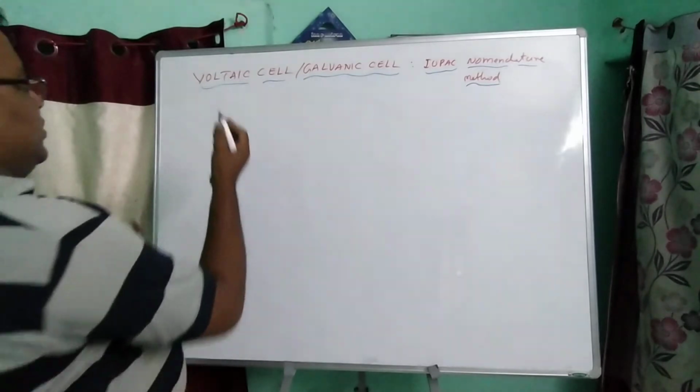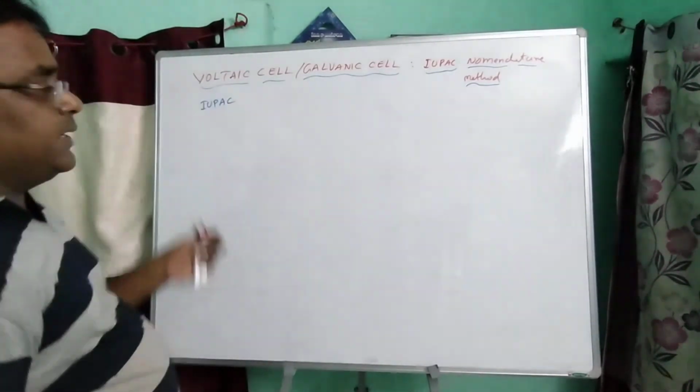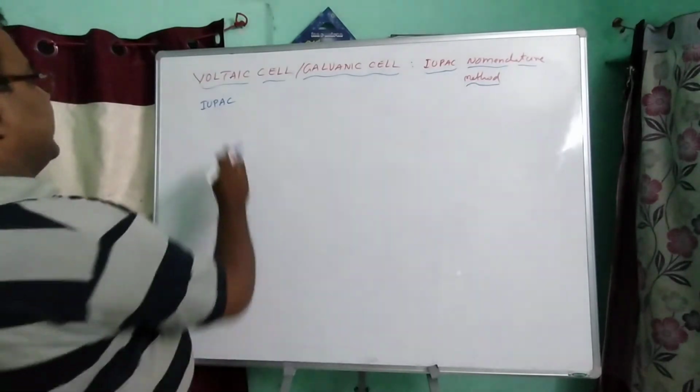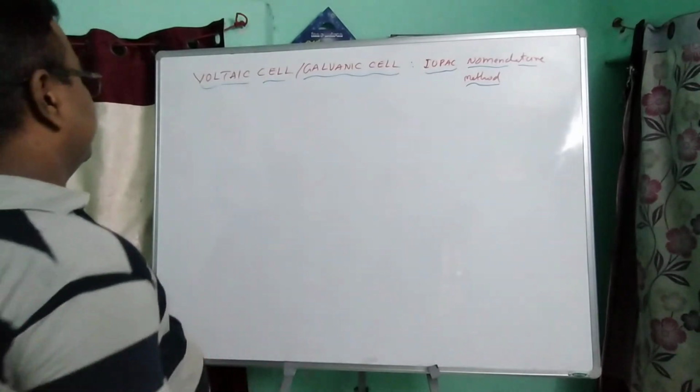So we know that IUPAC means International Union of Pure and Applied Chemistry. So in the IUPAC method, how is a voltaic cell or galvanic cell represented?